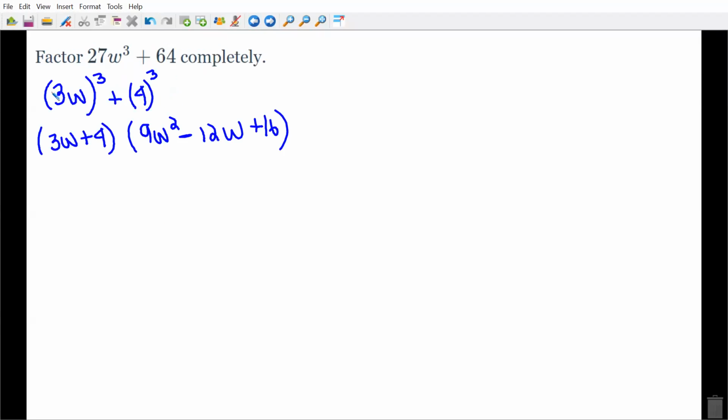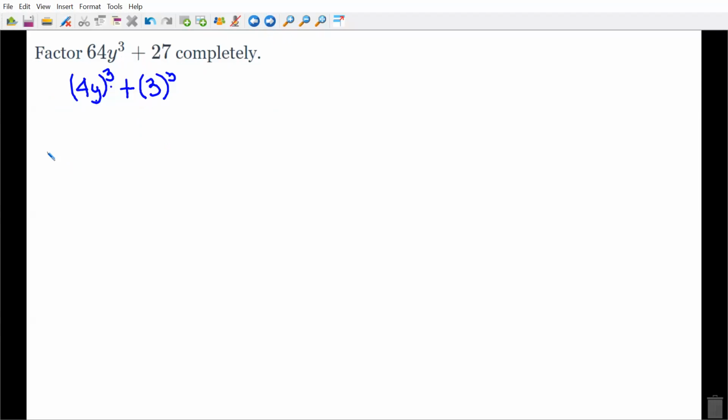Look, they were very similar. Okay, so I'm going to copy 4y plus 3, right? And then the first one squared, which is going to be 16. Let's copy it right away. 16.